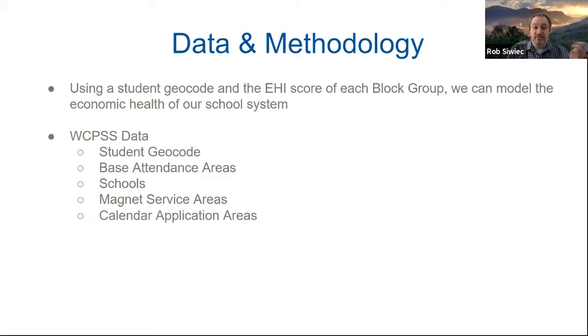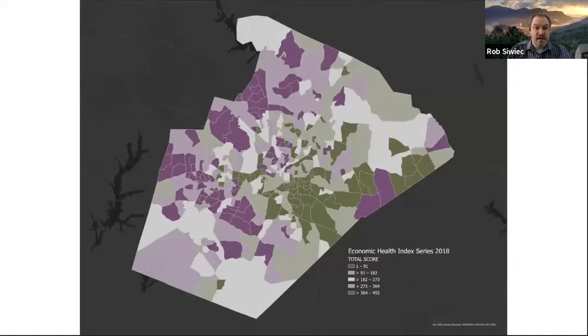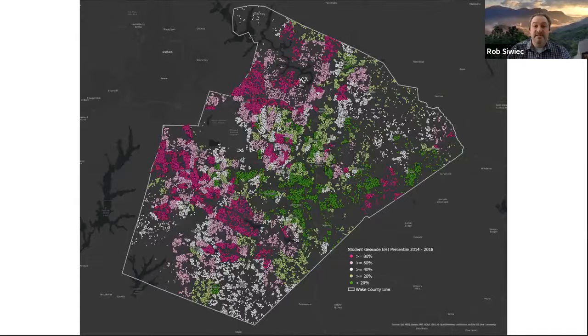Here's some of the data we use for this analysis, and you'll see how it's used in the following slides. Here we have the block groups in Wake County with the economic health values. Purple is the block groups with the highest economic health, and green the lowest. This is an example of our student geocode.